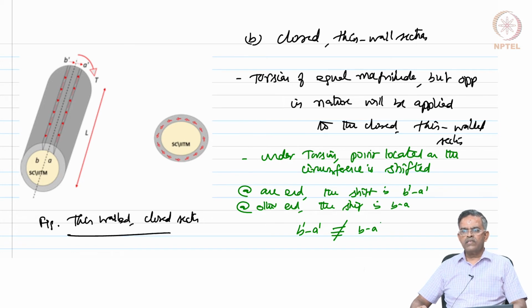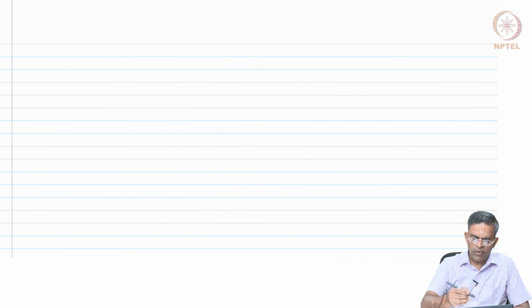For a thin walled section, namely tubular or shaft section, one can say the Saint-Venant's torsion constant is given by the following equation.